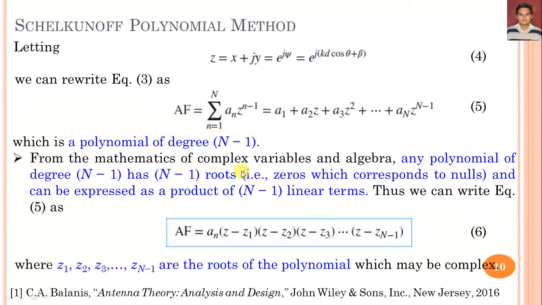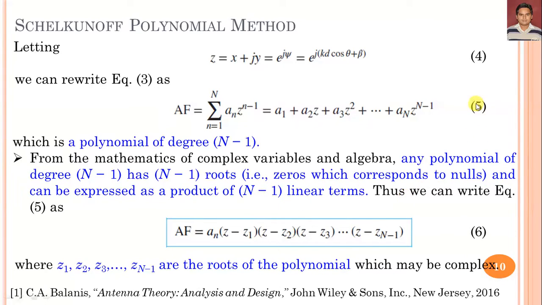From complex variables and algebra, any polynomial of degree N minus 1 has N minus 1 roots. Here roots means the zeros, which correspond to the nulls in a uniform array, and the polynomial can be expressed as the product of N minus 1 linear terms.